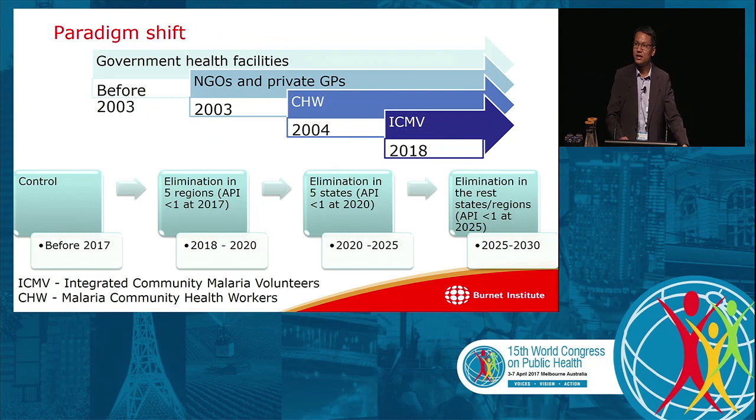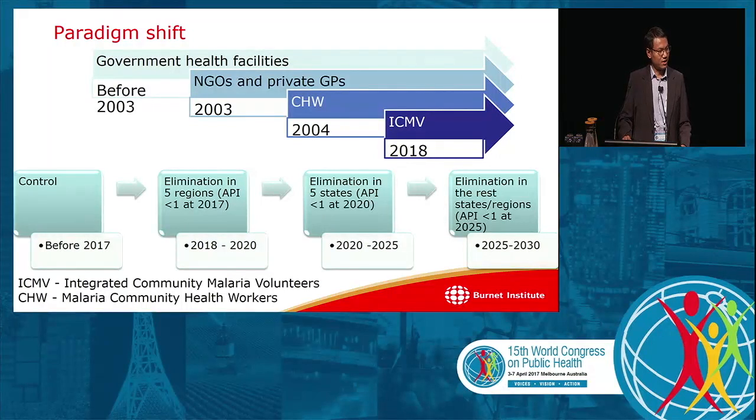If we see the paradigm shift of the Myanmar malaria control model, before, in the 20th century or 15 years back, government health facilities were the main service providers for malaria.